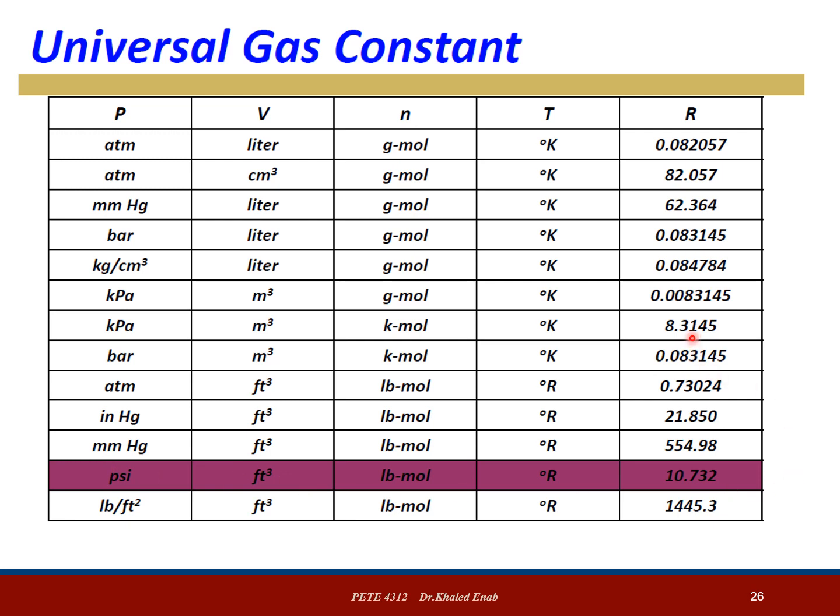Another value that you may find in some books or papers using international units is 8.3145. In those cases, temperature is in Kelvin, number of moles in mole, volume in cubic meters, and pressure in kPa.